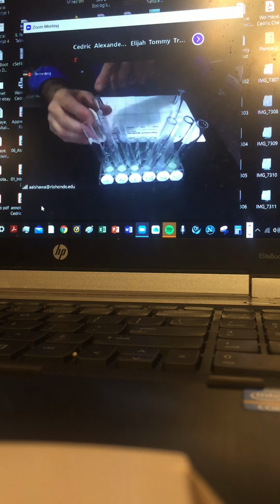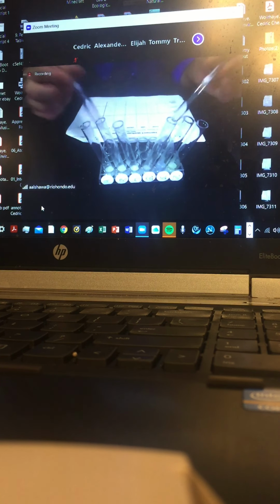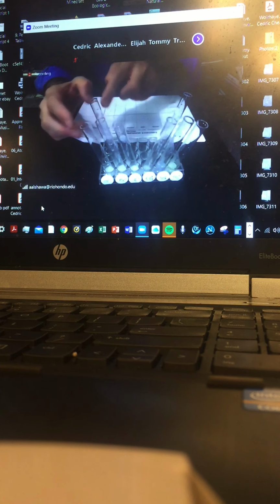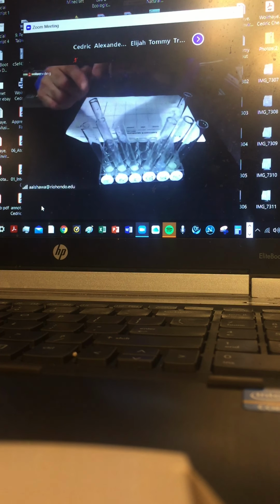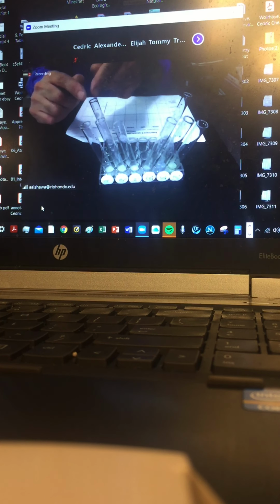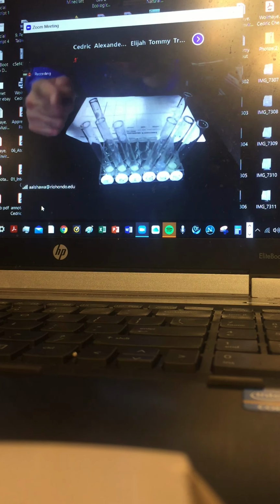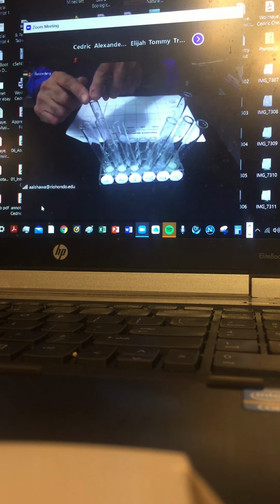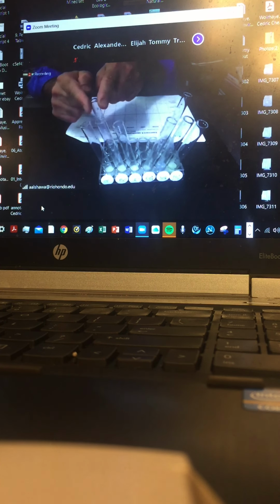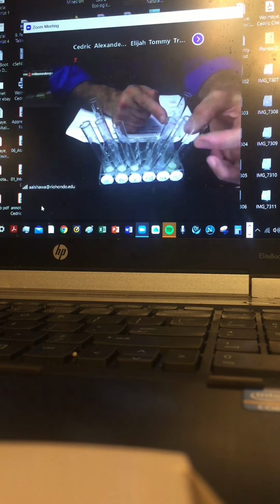Now I want to add the same test to these, which is 2 drops of silver nitrate. So on the left-hand side, from your own perspective, right behind the chloride, I have unknown 1, and right behind the phosphate, I have unknown 2. To unknown 1, I want to add 2 drops of the silver nitrate.